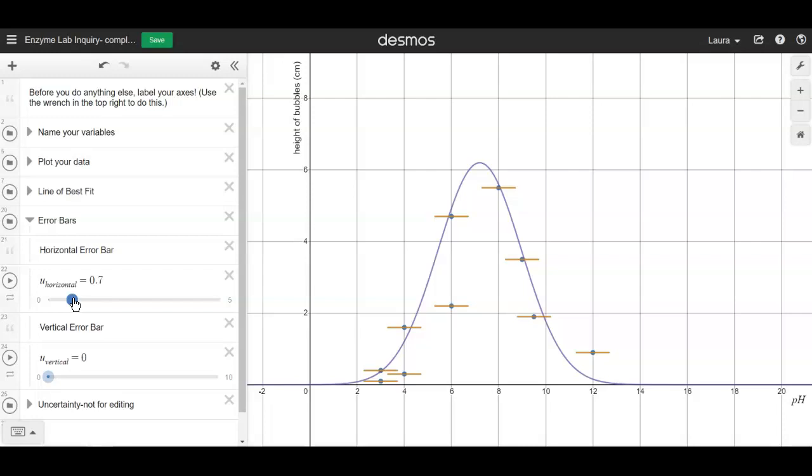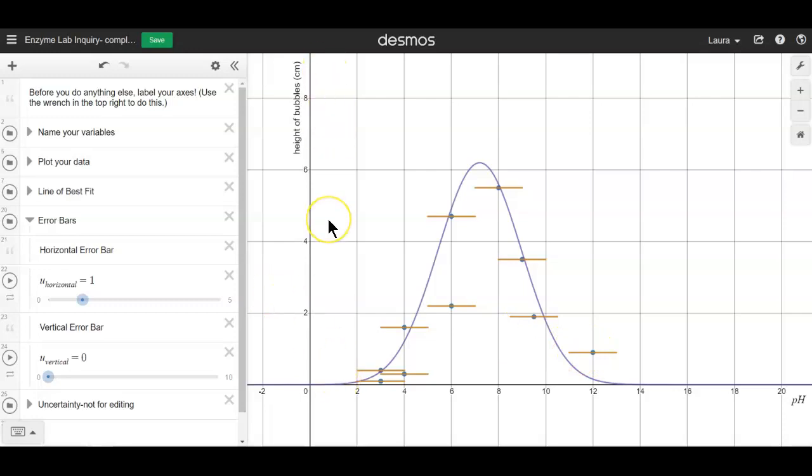I might have been off by up to an entire pH, one on the pH scale. So I'm going to make my horizontal uncertainty for pH be 1, meaning when I recorded this as 12, I'm acknowledging the true value of that pH might have been anywhere between 11 and 13, and I recorded it as 12.